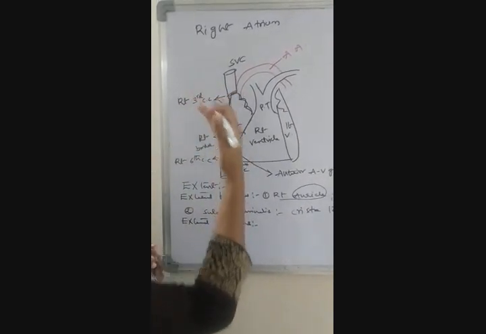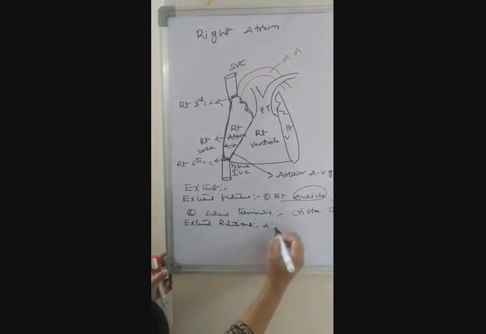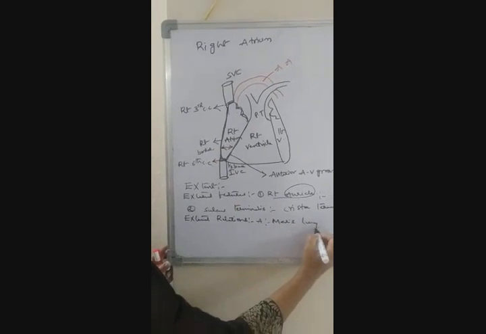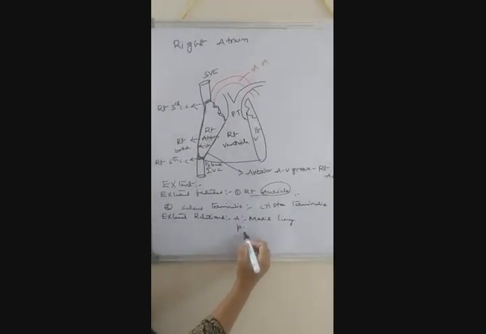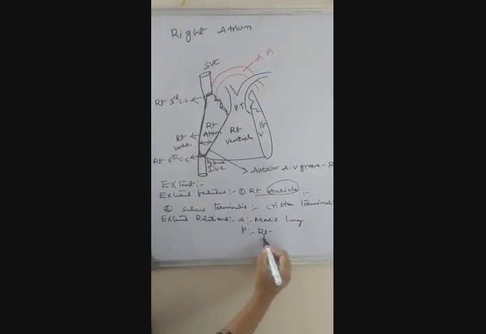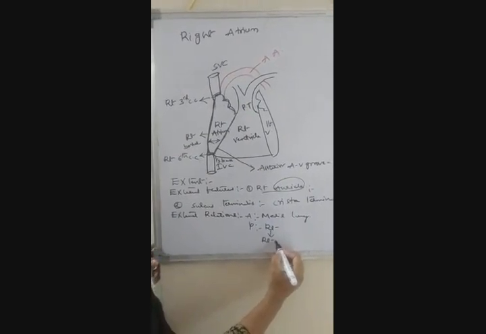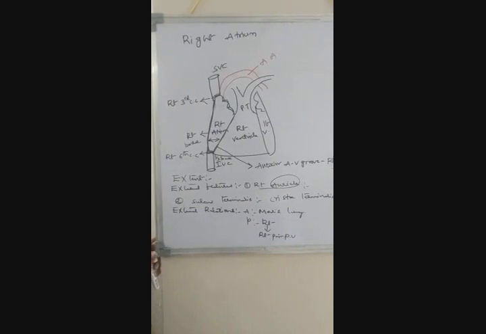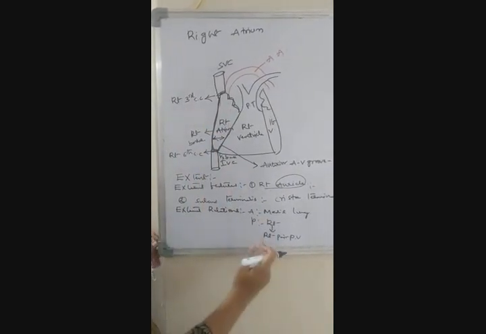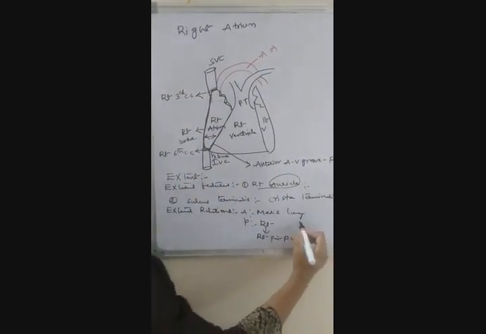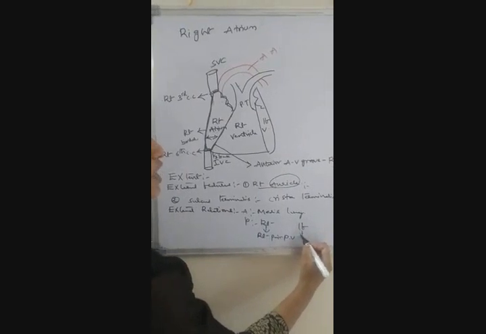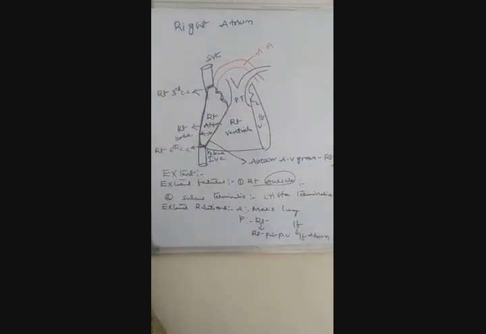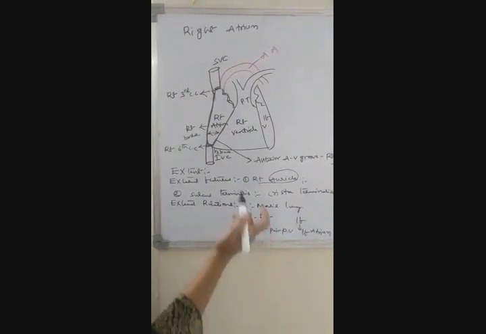Posteriorly on the right side we will have the right pair of pulmonary veins. On the left side we will have the left atrium.